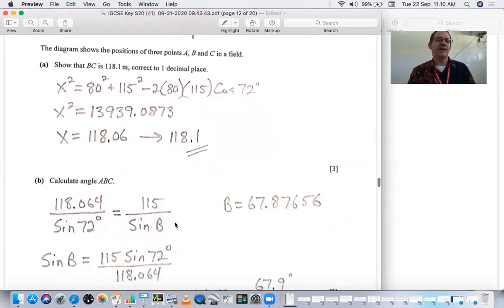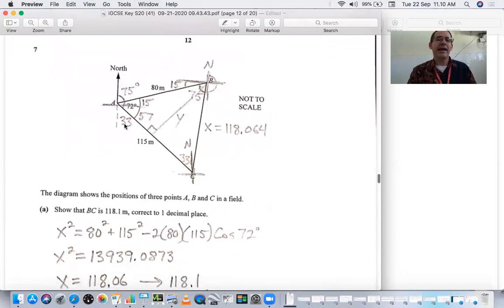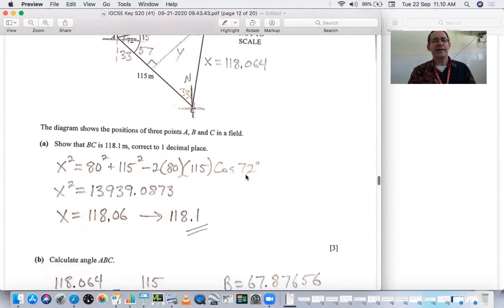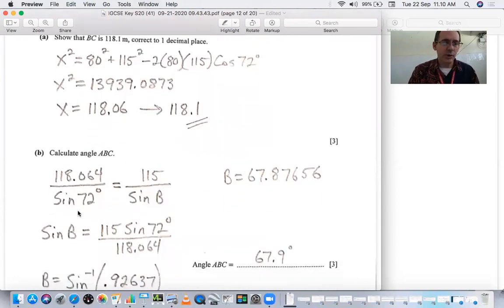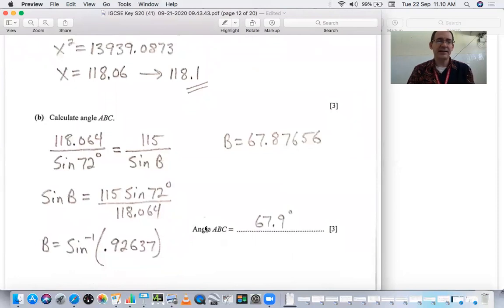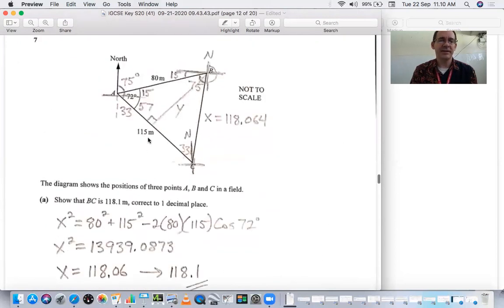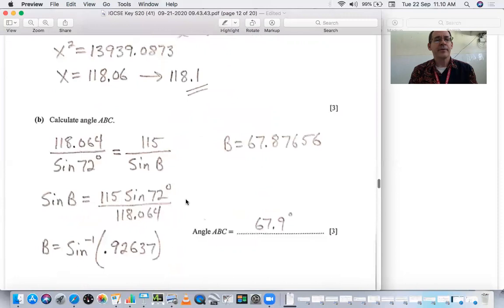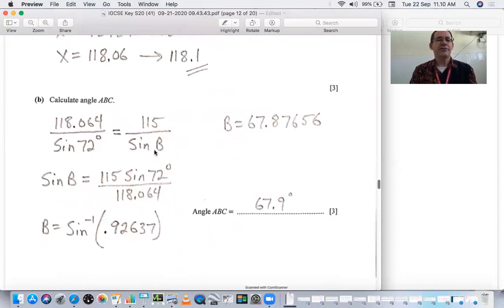Now it wants us to calculate the angle ABC, which is this angle up here next to the B. And now that we have a side with an angle, we can use the law of sines. So 118.064 divided by sine of 72 equals 115 over sine B. Notice the 115 is opposite the angle B. Cross multiply, so sine B times the 118 equals 115 times the sine of 72.